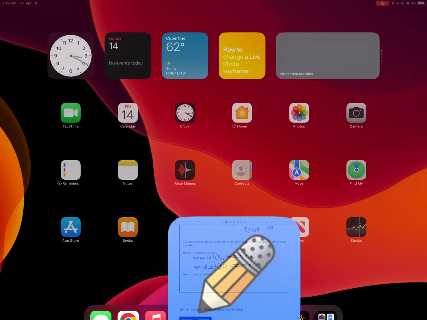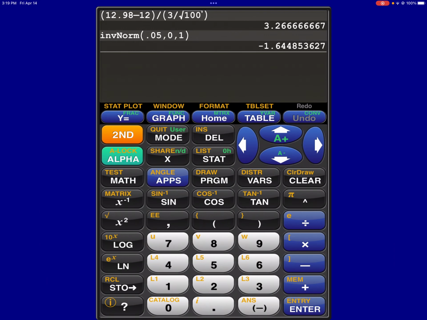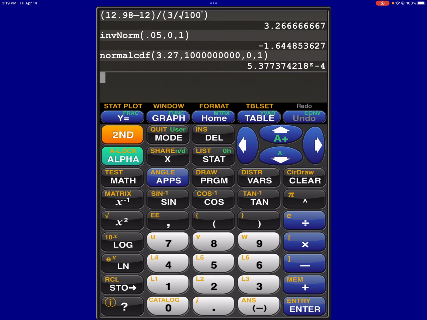Let's throw this in the calculator real quick. Normal CDF, 3.27, comma, 0, 1. And lo and behold, we've got 5.37 e to the negative 4.